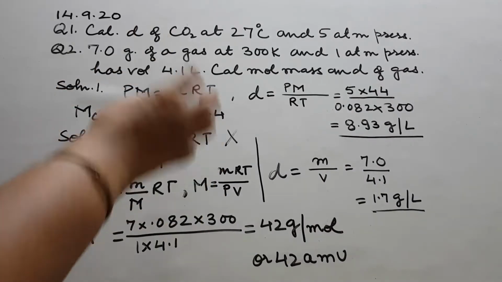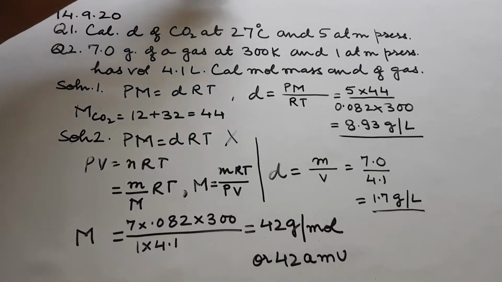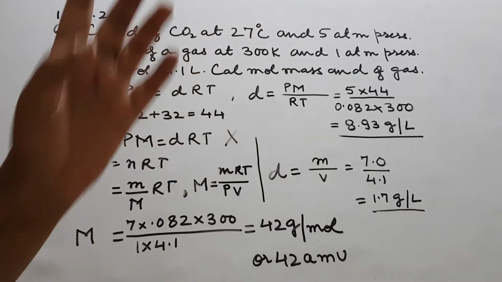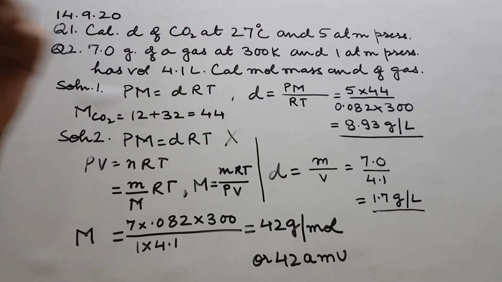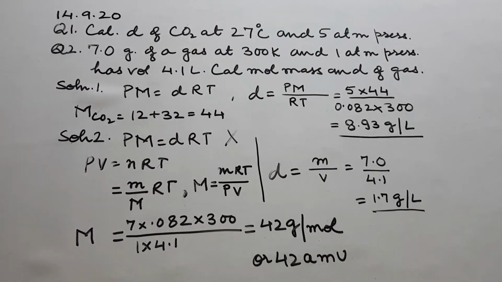Had I been a student in your place, while reading, what would I have done? Calculate D, D question mark, of CO2 gas. T is given to you, P is given to you. Now which equation do I know where pressure and temperature are given to me, and I have to calculate D?